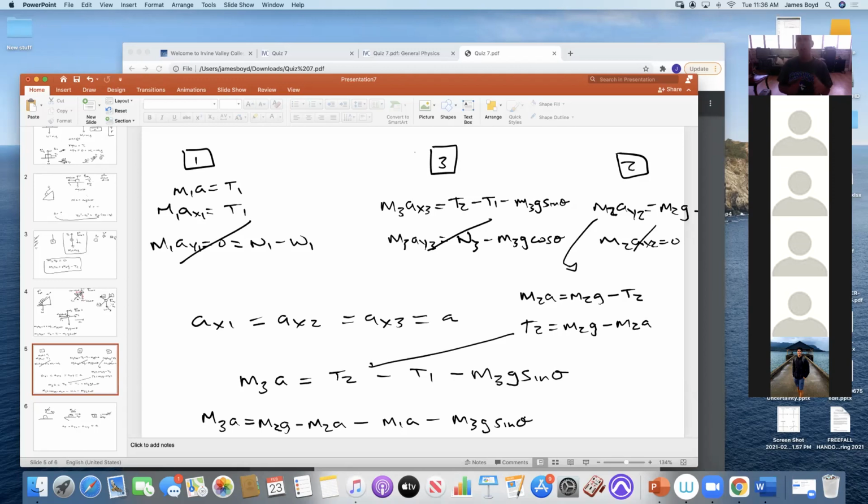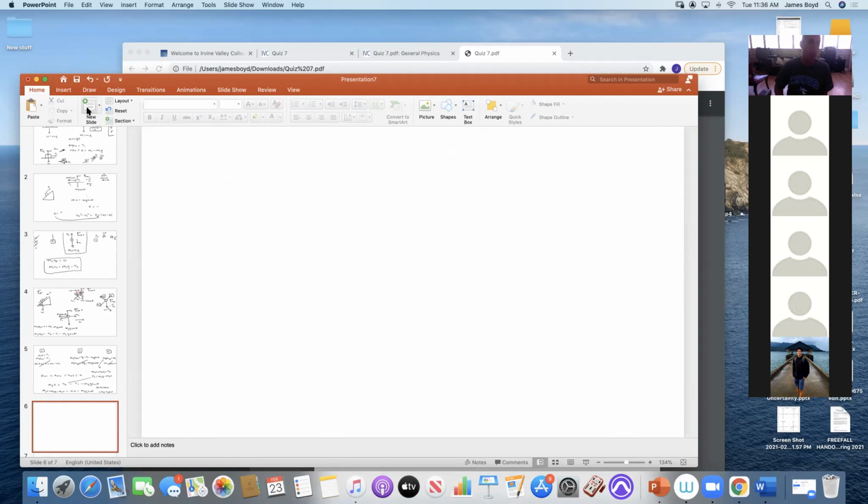And now I just want to combine like terms. So if I move M2A and M1A to the other side of the equation, what I get is M1 plus M2 plus M3, times A, is equal to M2g minus M3g sine theta. Now, I'm going to rewrite that on the next slide.